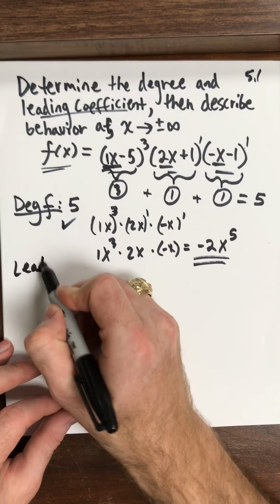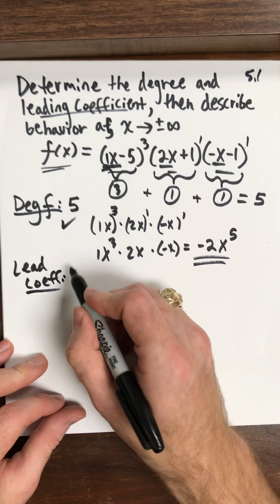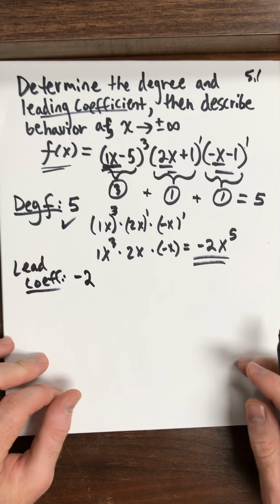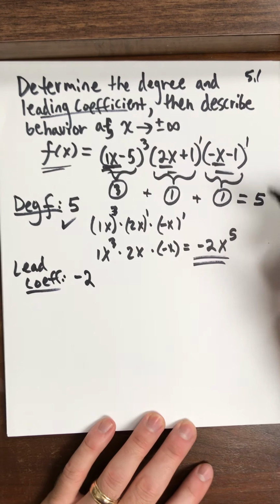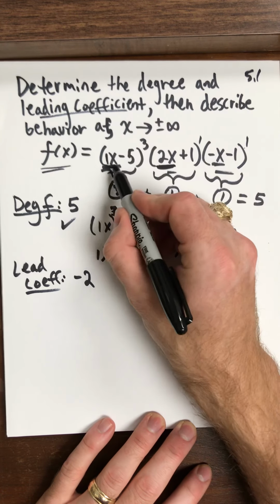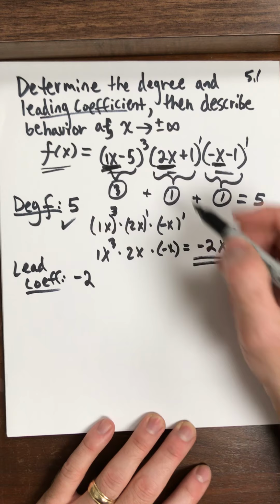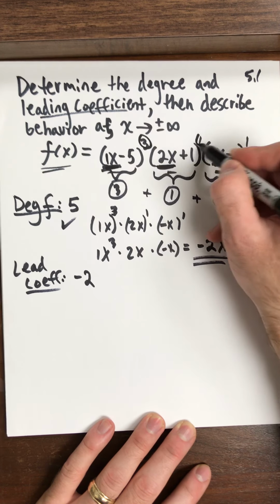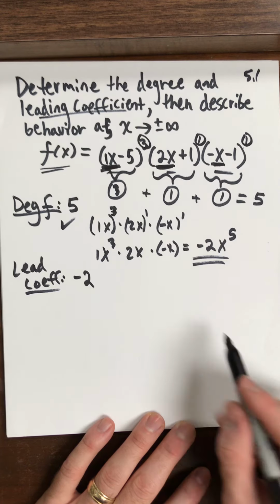The lead coefficient is equal to negative 2 here. Okay? So a little tricky, but all you really have to do is look at the lead term in each of these parentheses and then multiply them all together and look at how many copies there are of each of those and account for that. Okay?